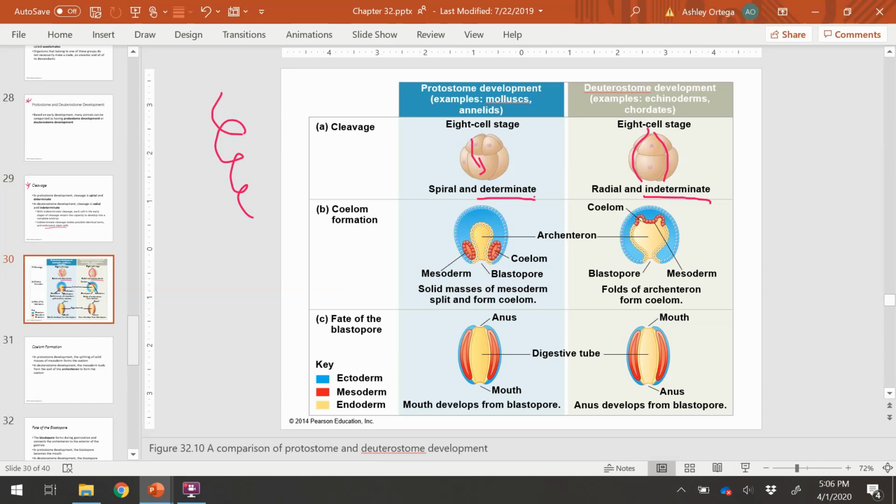So looking here, our examples, if you'd like to classify protostomes, are mollusks and annelids, so shelled marine animals and worms essentially. Deuterostome examples are echinoderms and chordates.